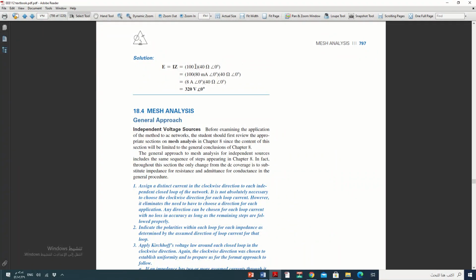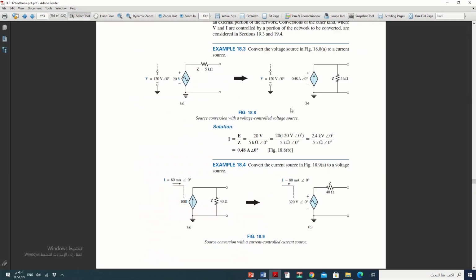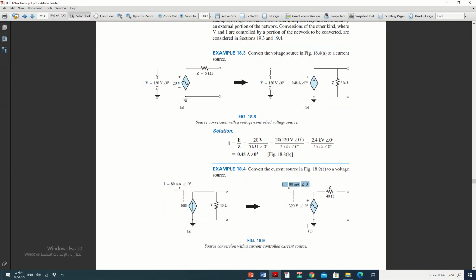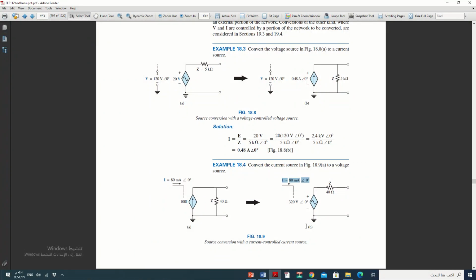It is 100 times I, and what is the variable I? It is 80 milliampere. We multiply all and get 320 volt with angle 0, and we redraw the circuit: a dependent voltage source in series with the impedance. And by this we conclude our lecture about chapters 17 and 18.